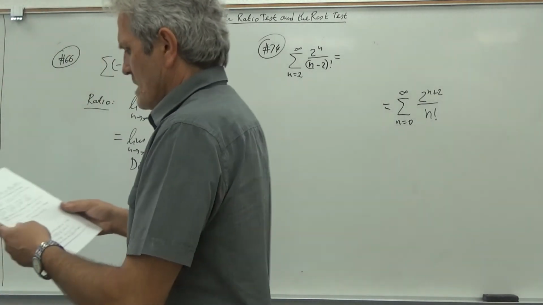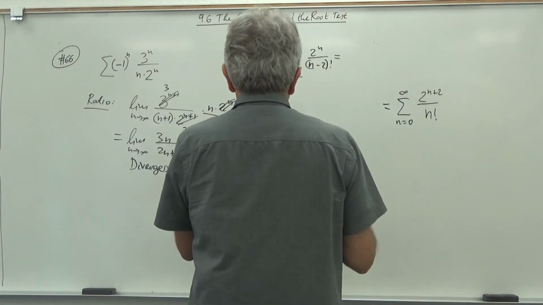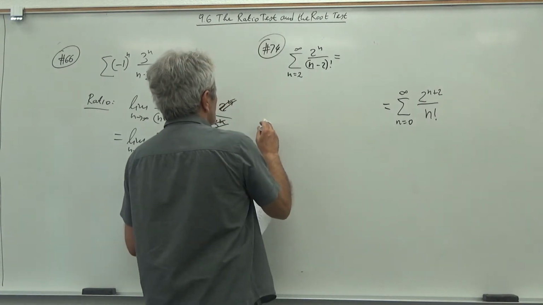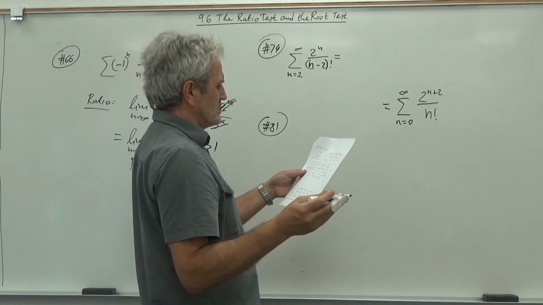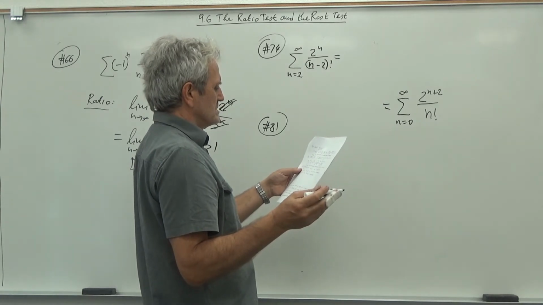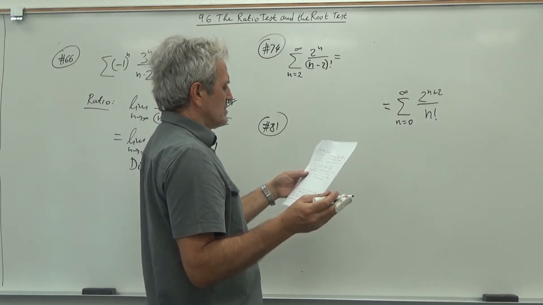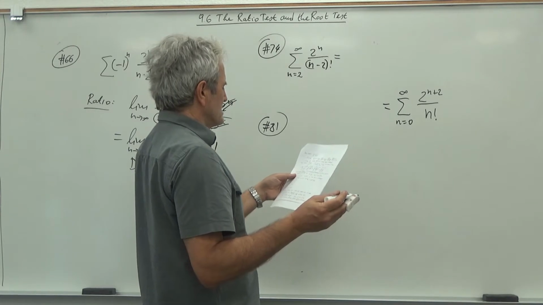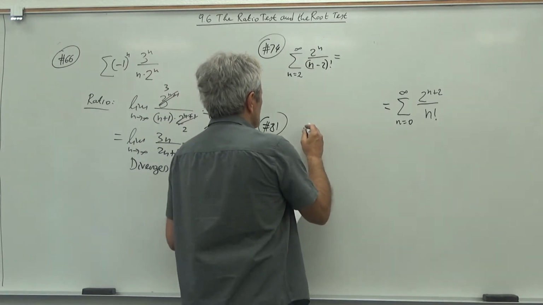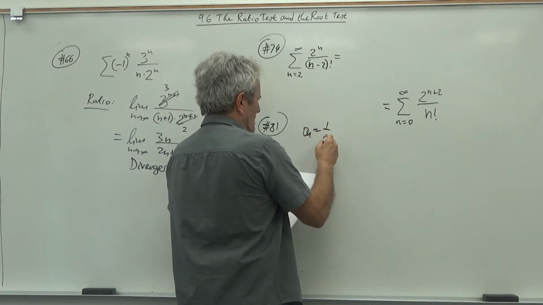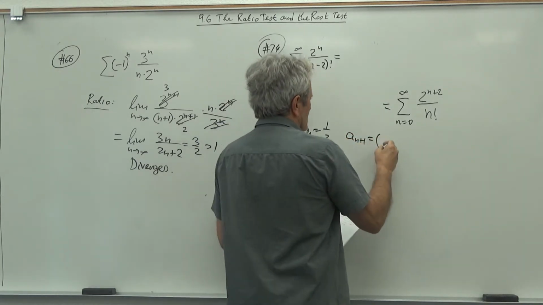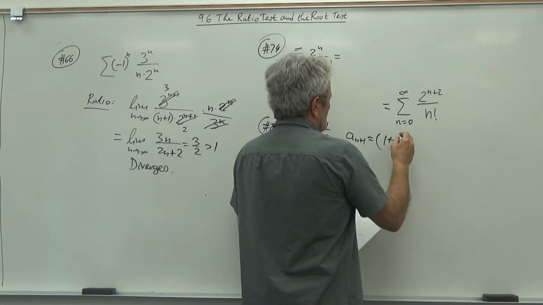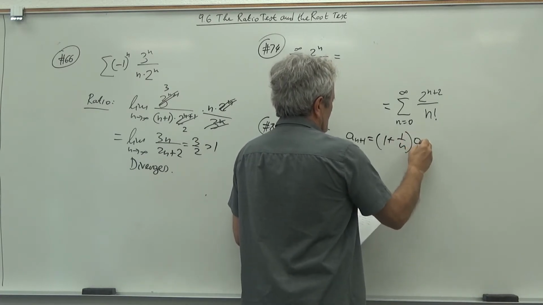All right. And then here's problem number 81. Again, one of those exotic problems that your book wants you to look at. It says, determine the convergence or divergence of the series defined recursively as a1 equals 1/3 and a(n+1) equals (1 plus 1 over n) times a_n.